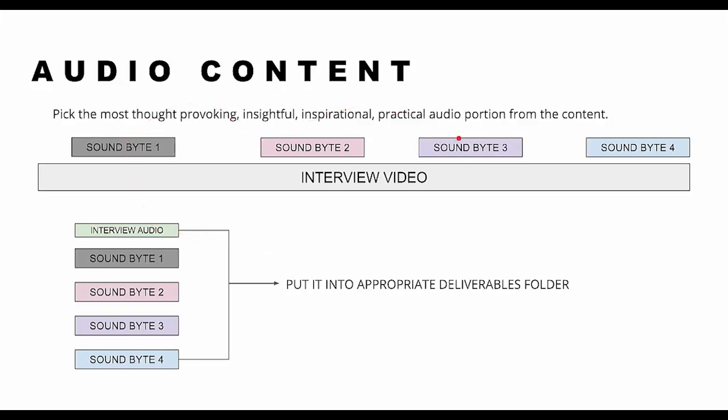Most thought-provoking parts, inspirational, exports, and then since it's an interview, export the interview audio itself, since we would be able to use that as podcast audio that we can put on Stitcher or iTunes, and you just create another piece of content based off the video interview you had with someone. And it doesn't have to necessarily be a 30-minute podcast. It can be a good 10 minutes as long as the content is good.